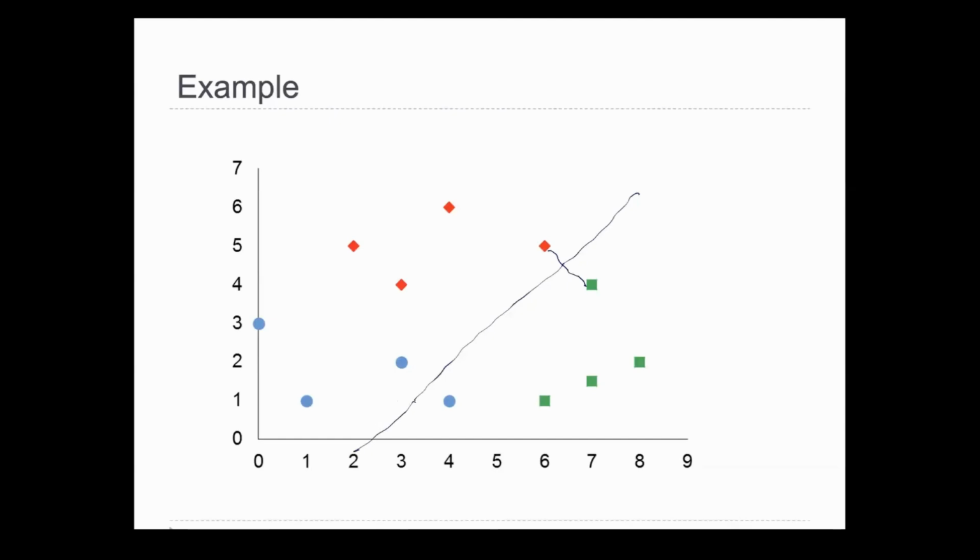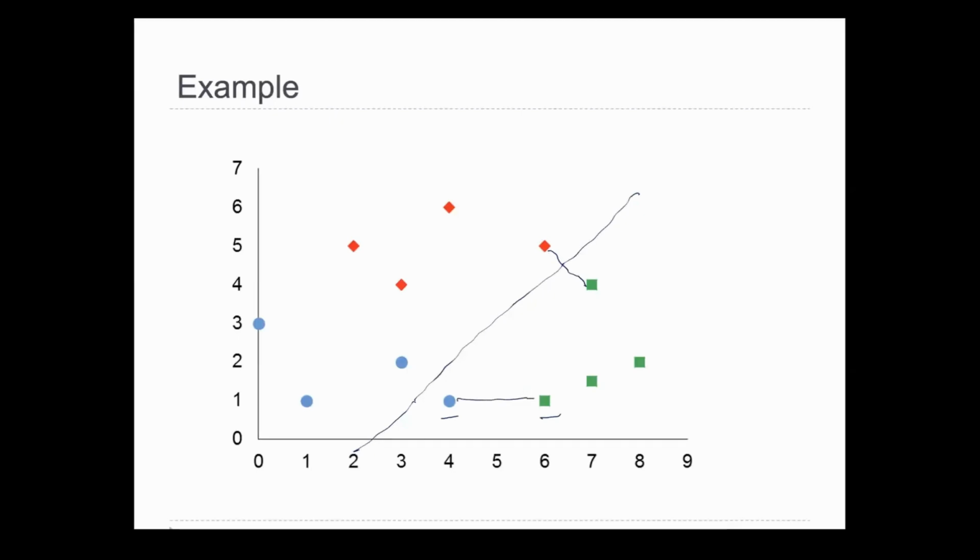This bisector now separates the data into two groups. The next step is to check if there are mixed data points on one side of the decision boundary. For example, in this case, we have green and also blue on this side. If we have such cases, we will have to draw another line.